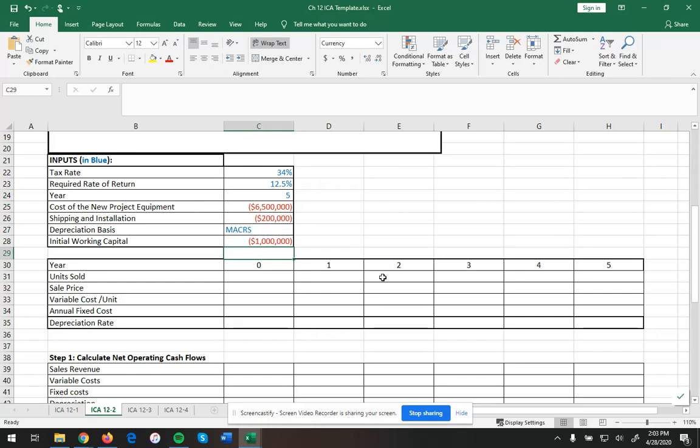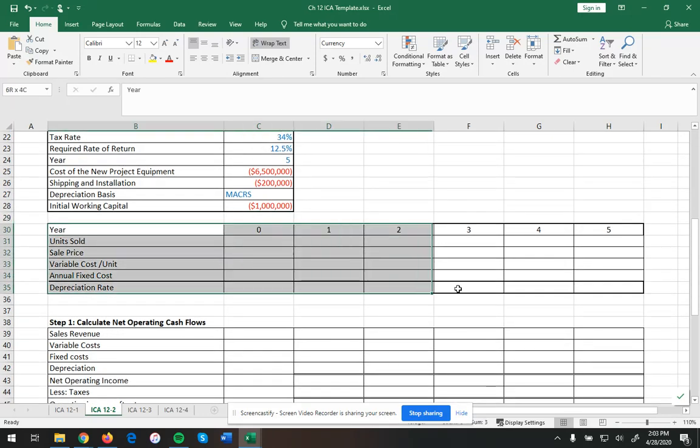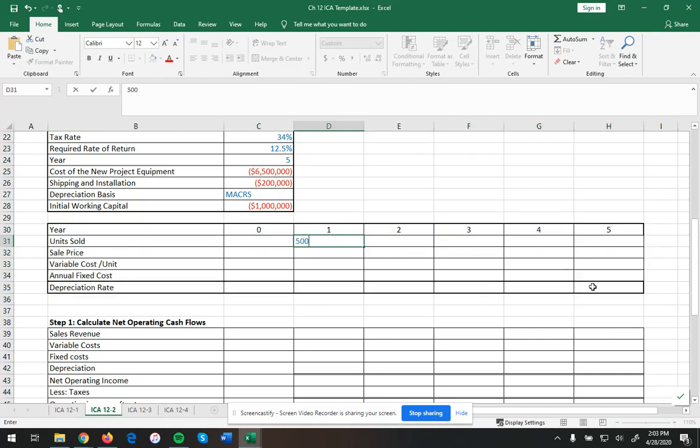So the second box here works through sales, unit sales, depreciation, and some of the other things that we have. We know for years 1, 2, 3, 4, and 5, every year it's going to be 5,000 units that we sell. And we know we're going to sell it for $1,500 every year, so we can copy that, save some time.